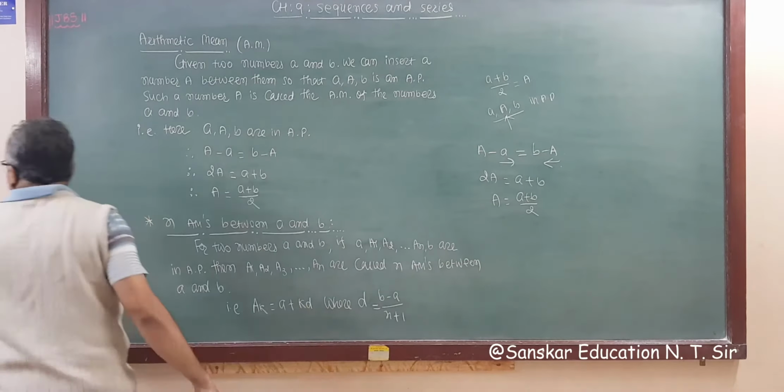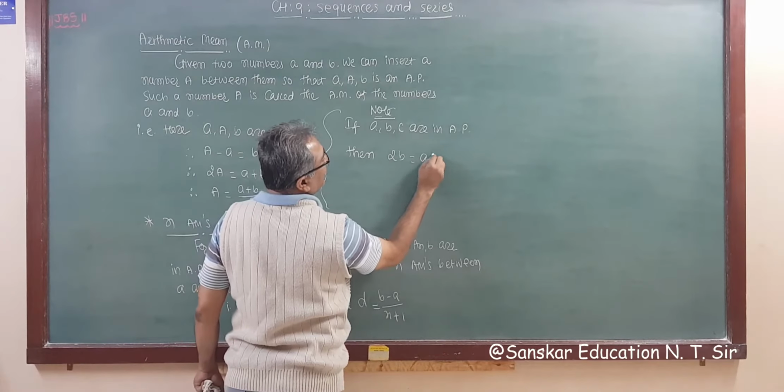So you have to remember one thing also. Note down this also: if a, b, c are in AP, three numbers are in AP, then what do we get here? Twice b is equal to a plus c.